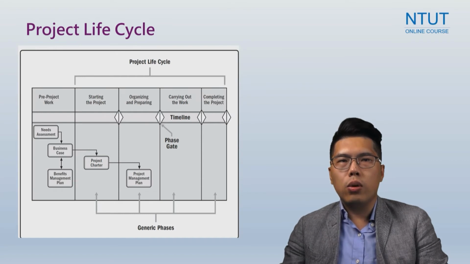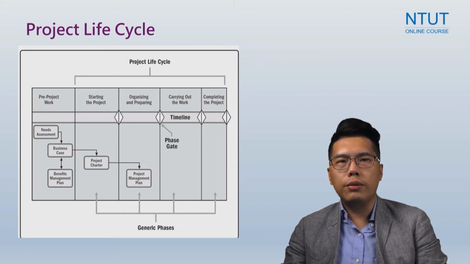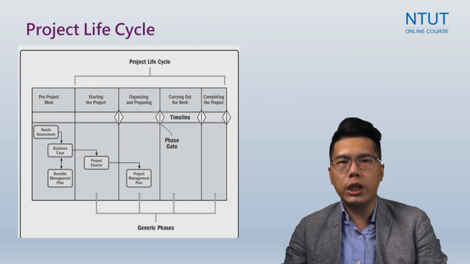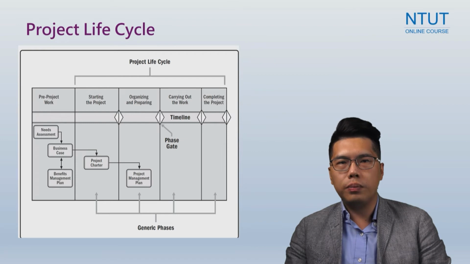Okay, so there are many constraints and limitations in the project. Therefore, the project life cycle can help the project managers to understand and determine which phase or stage they are facing with corresponding reactions. So before the project life cycle, there is pre-project work, as you can see on the left-hand side of the figure.